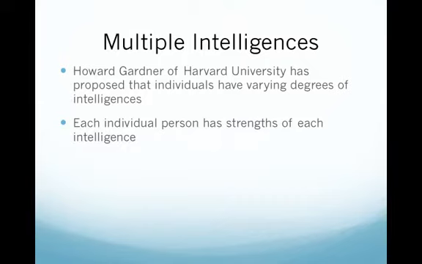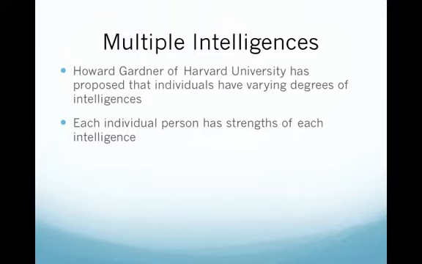Multiple intelligences. Gardner of Harvard University has proposed that individuals have varying degrees of intelligence, and this is absolutely correct. Each individual person has strengths in each intelligence. An example of this: a person could play beautifully on the piano but may struggle in mathematics. Other individuals may be adept at understanding him or herself, but cannot understand others.